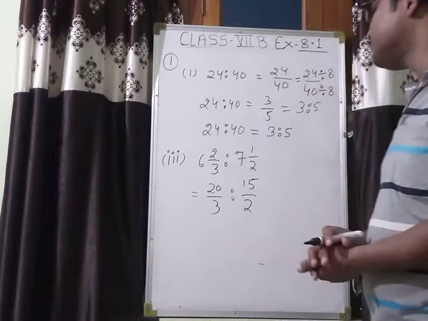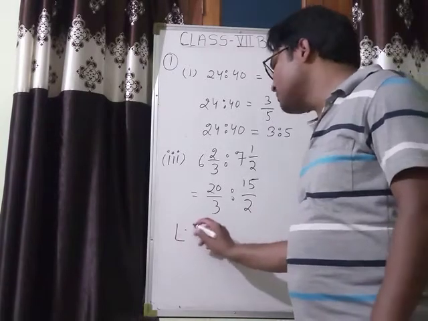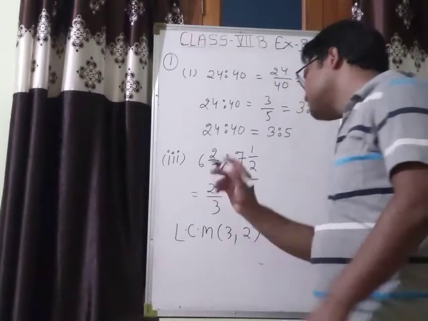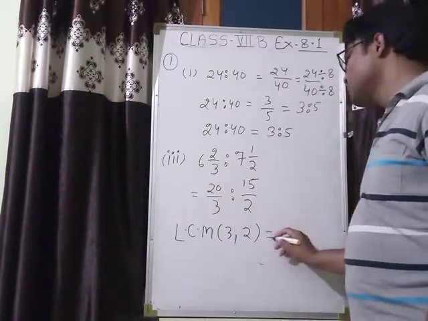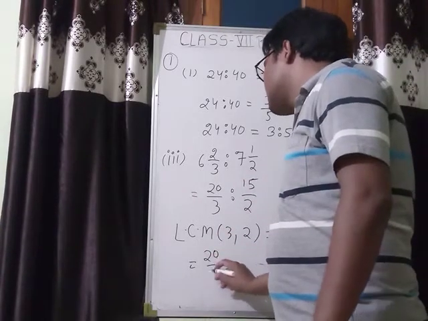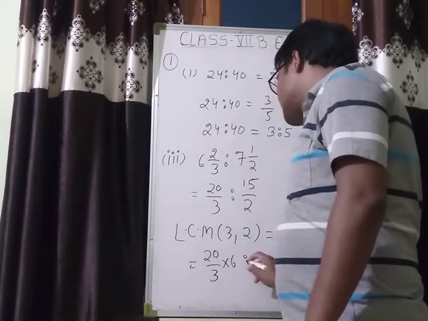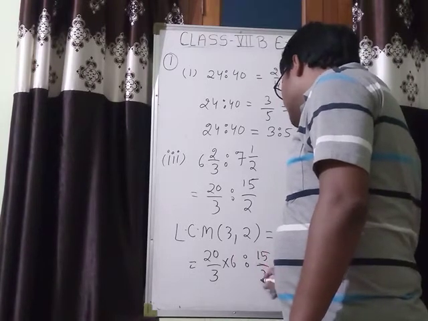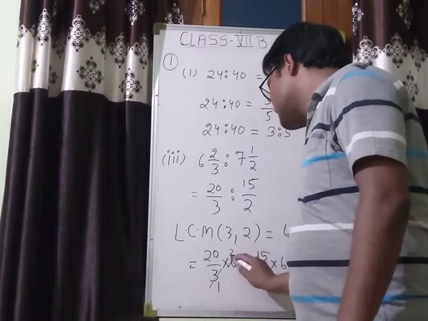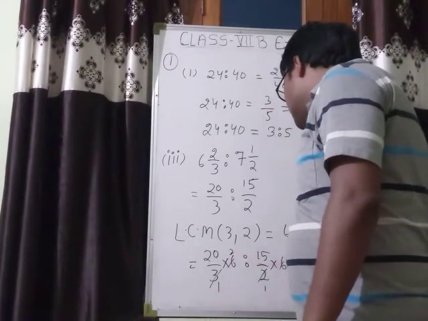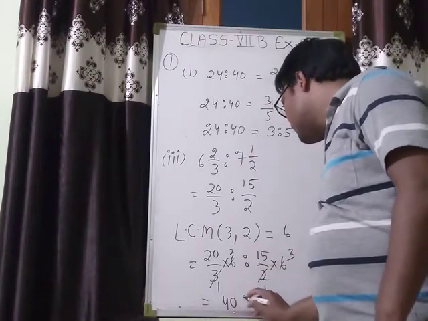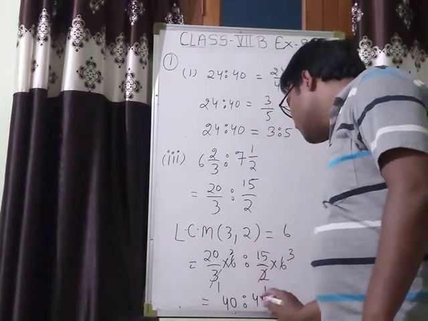Now find the LCM of 3 and 2, which is 6. Multiply both by 6. So 20 upon 3 into 6 is to 15 upon 2 into 6. 3 ones are 3, 3 twos are 6, and 2 ones are 2, 2 threes are 6. It will be 20 times 2 is 40 is to 15 times 3 is 45.